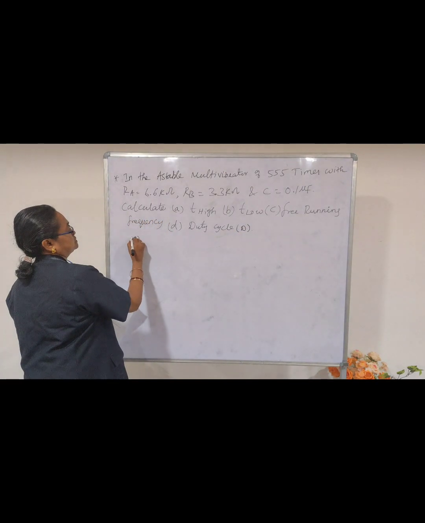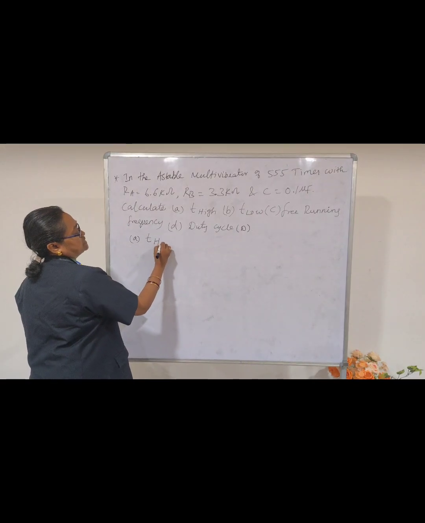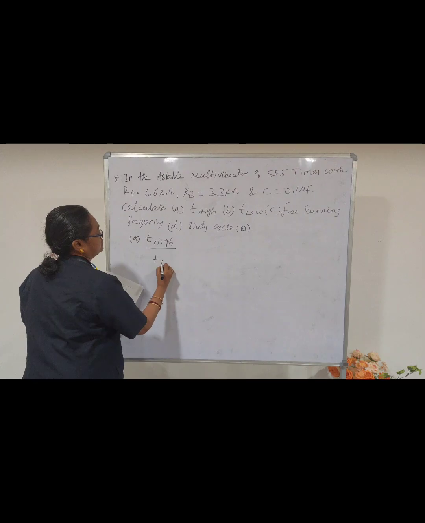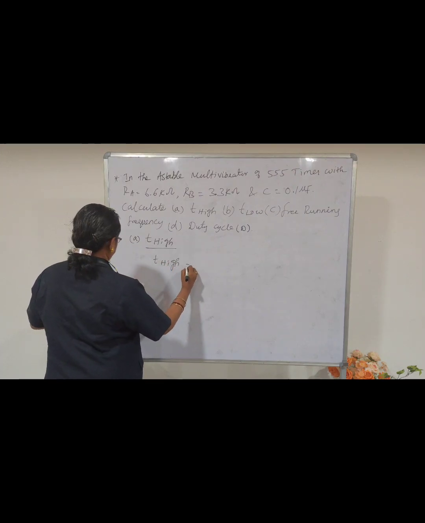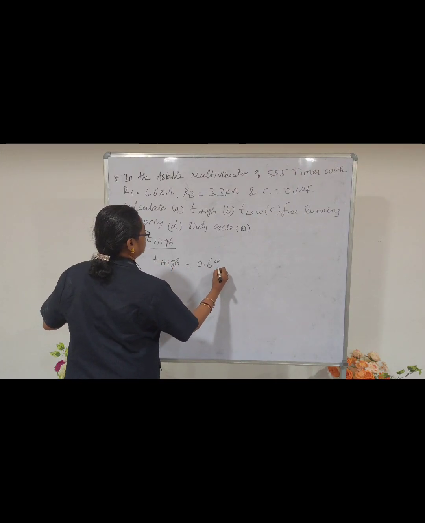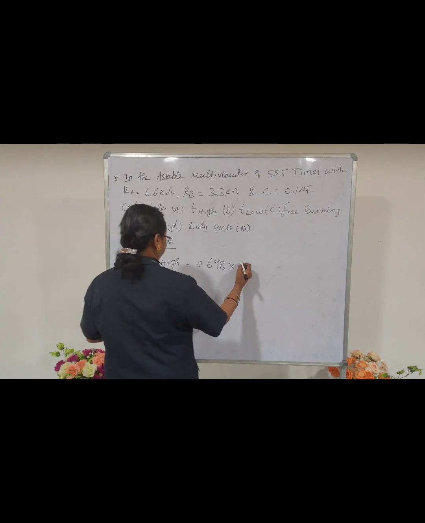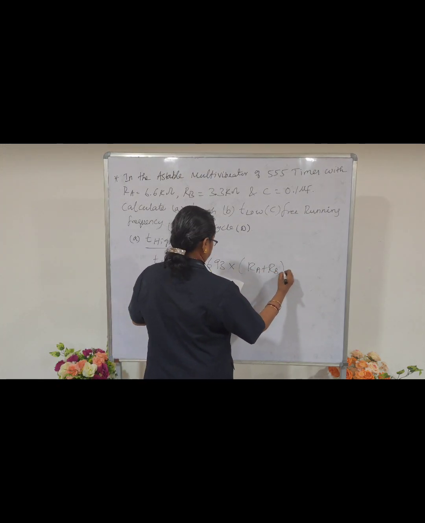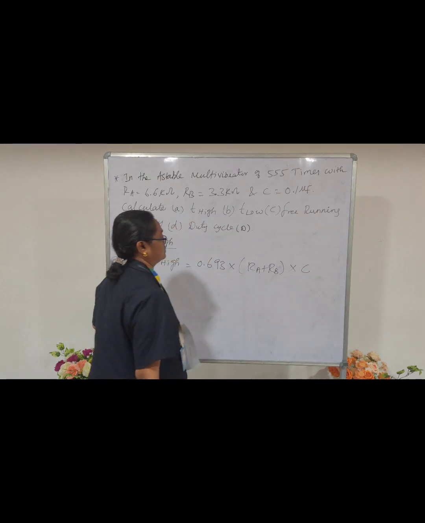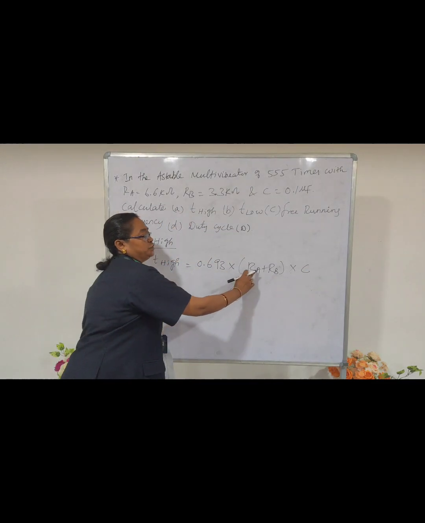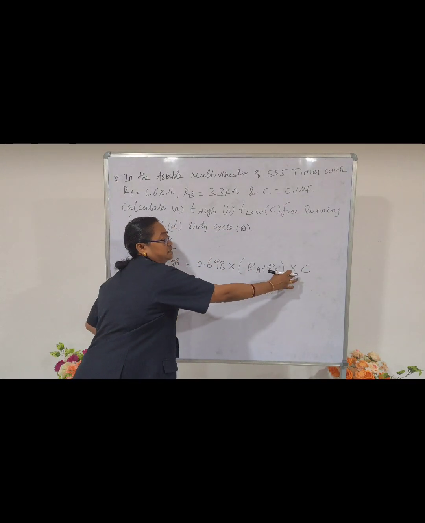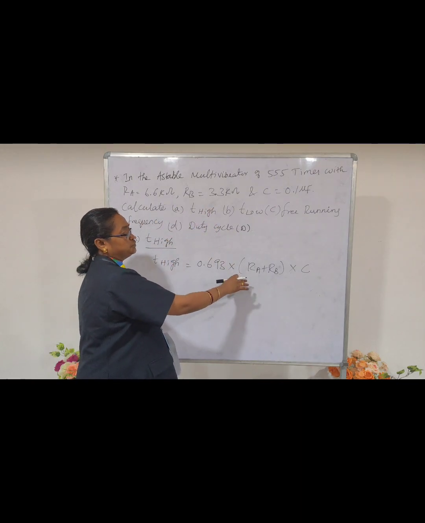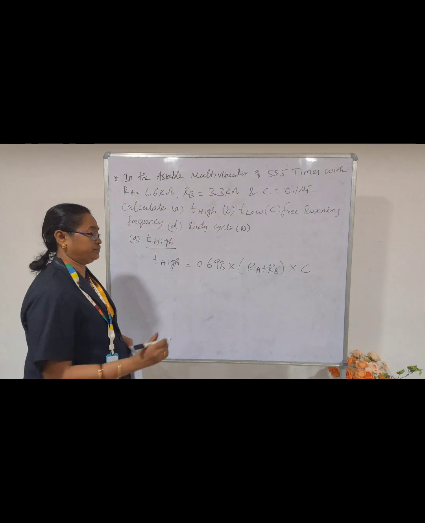First one, now we are going to calculate T high value. T high equal to 0.693 into RA value and RB value, substitute here, and C value also is given in the problem. Just substitute with unit, you will get T high.